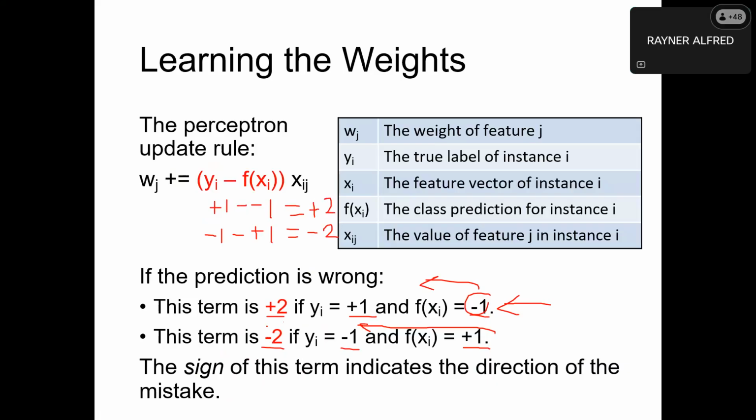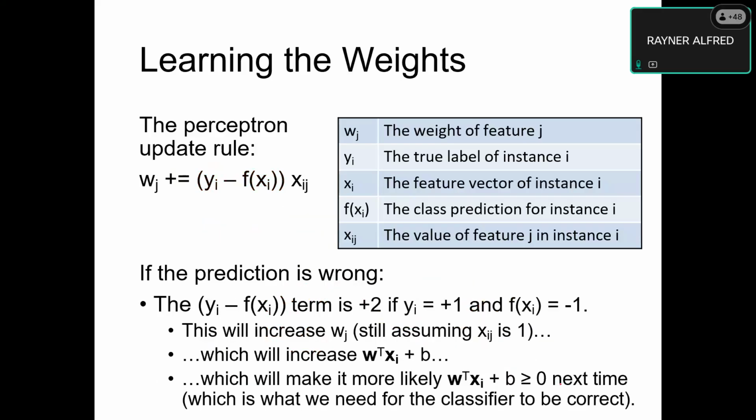Okay. So this one will be automatically updated depending on which one is misclassified. The sign of this term indicates the direction of the mistake that we have. Okay, so this one we want to move towards negative. This one we want to move towards positive because this is the actual symbol that we have.